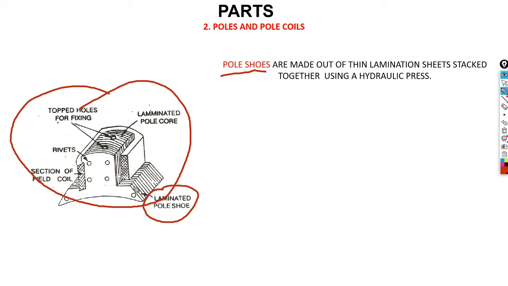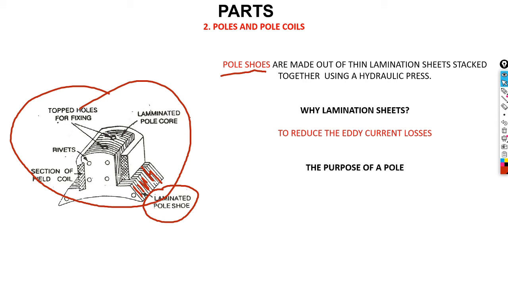When you talk about lamination, it's those small pieces stuck together to make our pole. The reason they are laminated is to reduce eddy current losses. I'm going to explain more about eddy currents in the coming video.